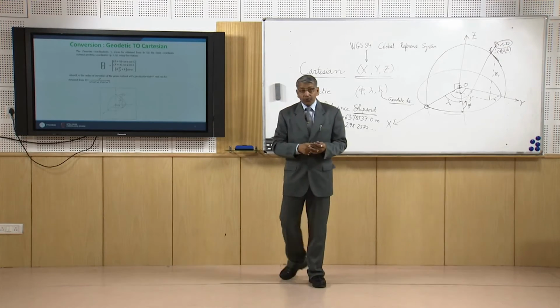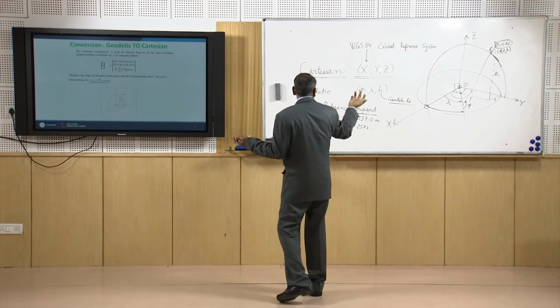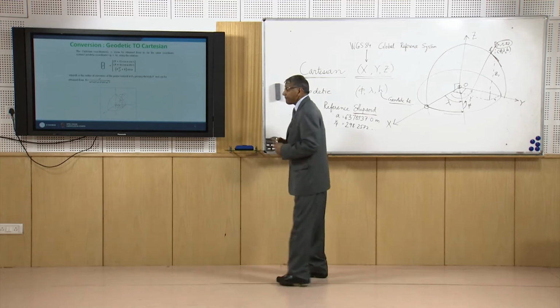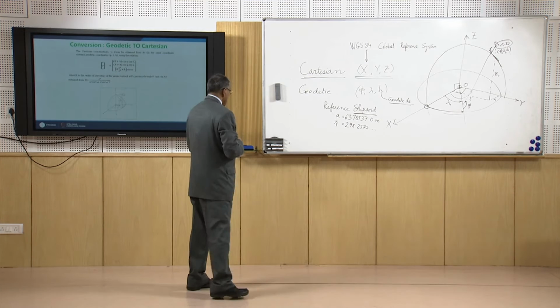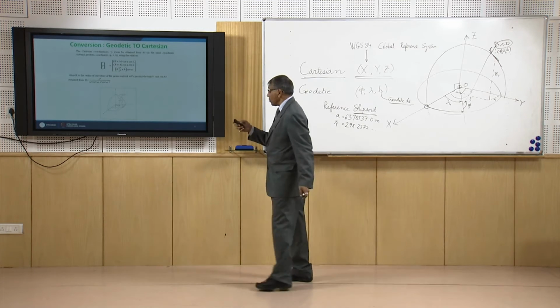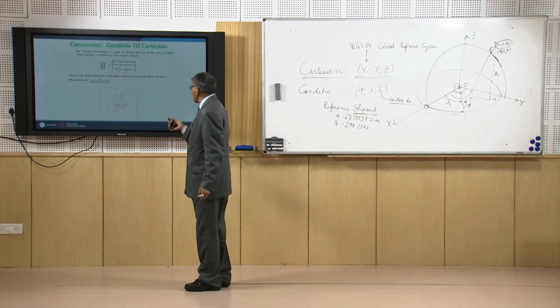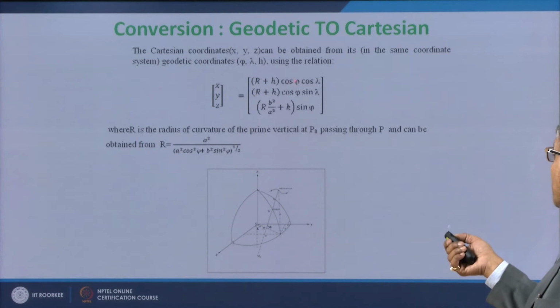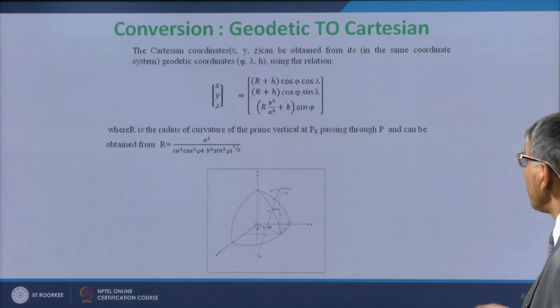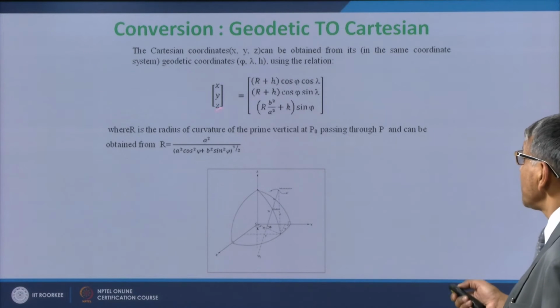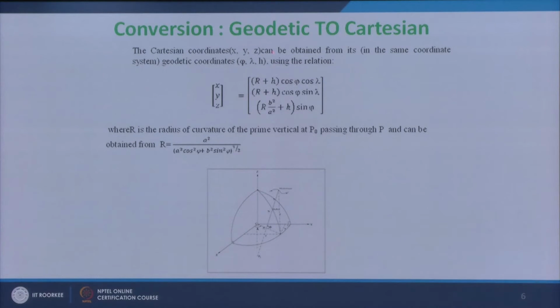Now many times we need to convert between the geodetic coordinate and Cartesian coordinate. If we know the geodetic coordinate phi, lambda and small h, then the Cartesian coordinate can be determined by using this relation, where R is given by this.